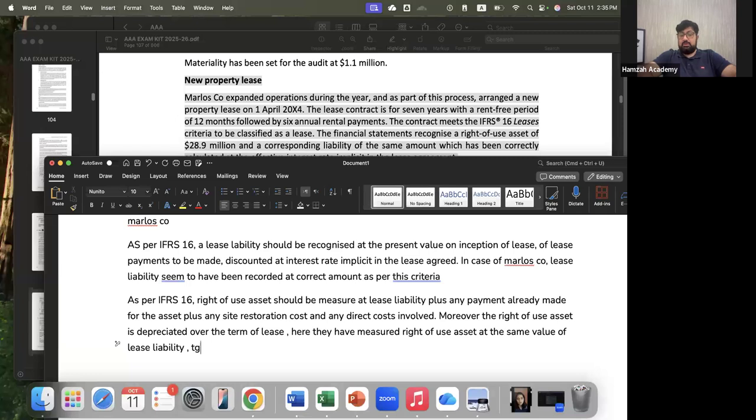The risk is that, now applying to scenario, what is the risk? The risk is that any restoration cost of site or any direct costs involved may have not been included, which should have been included.